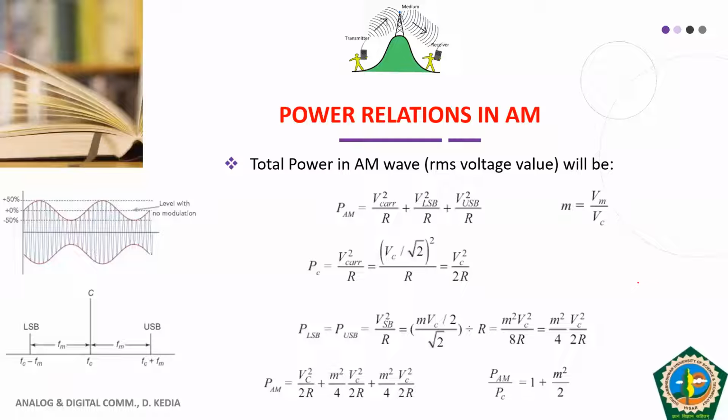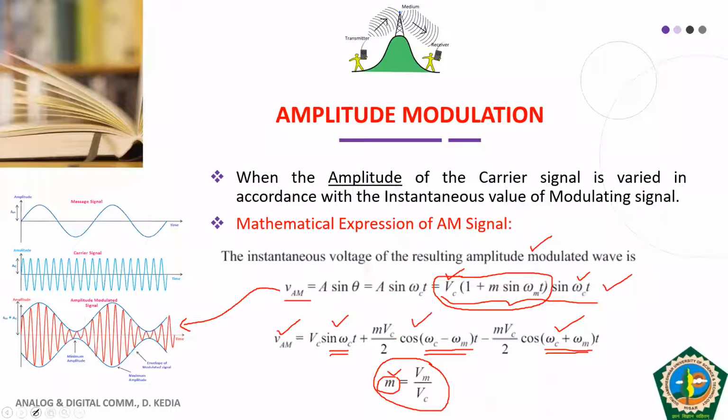Once we have talked about the concept of modulation index, and we have also seen the expression of the AM signal, see, this was the AM signal that we had talked about. And I told you in the previous class as well that in the AM signal, we have three things present. One is the carrier.